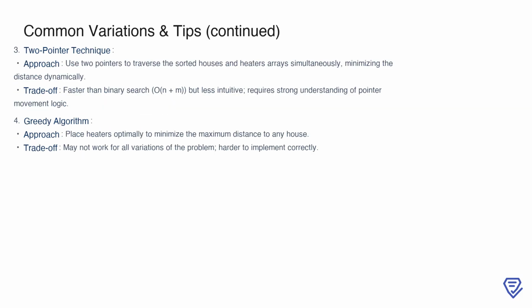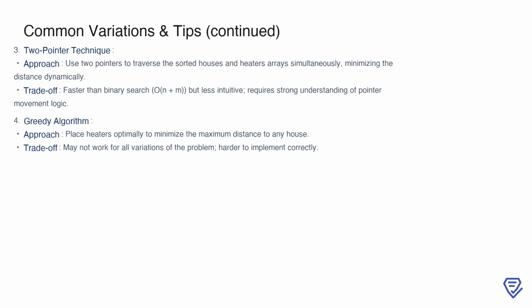Another efficient alternative is the two-pointer technique, which involves traversing the sorted houses and heaters arrays simultaneously. This approach dynamically minimizes the distance between houses and heaters, achieving a time complexity of O(n+m). While faster than binary search, it may be less intuitive and demands a solid grasp of pointer movement logic.